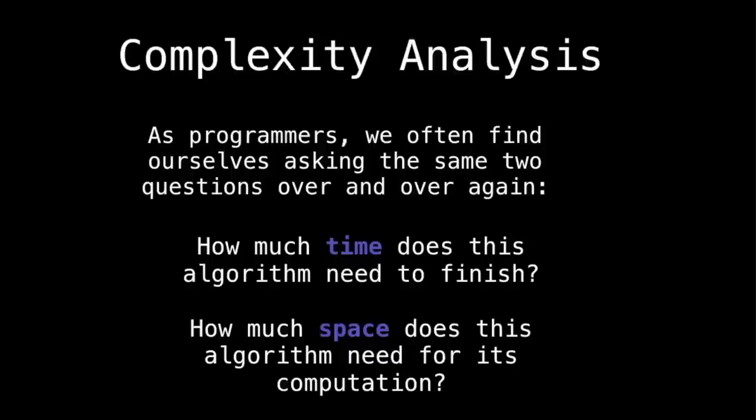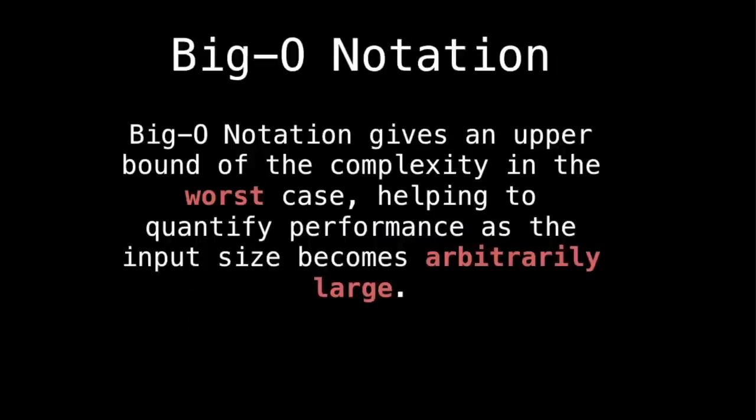If your program takes the lifetime of the universe to finish, then it's no good. Similarly, if your program runs in constant time but requires a space equal to the sum of all the bytes of all the files on the internet, your algorithm is also useless.